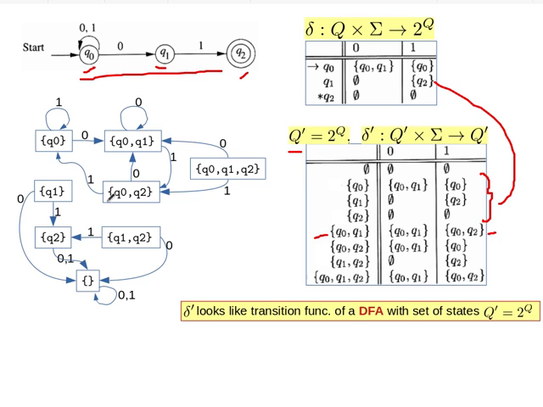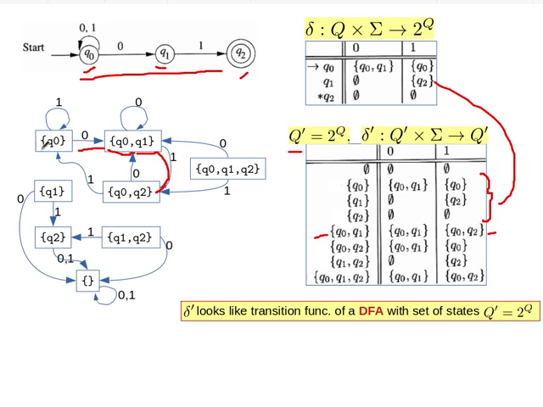So now if you follow multiple transitions, for example, if you follow, say, this transition on 0, and then from here you follow this transition on 1, what does that tell you? It tells you that if you start with this set of current states, which here is a singleton, that means you are starting with just Q0, right?